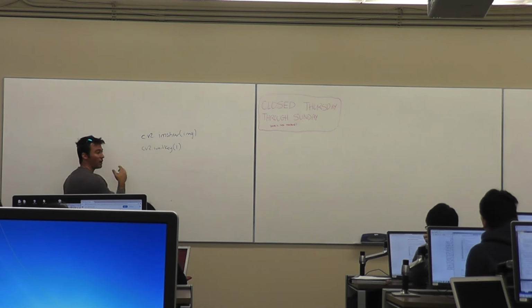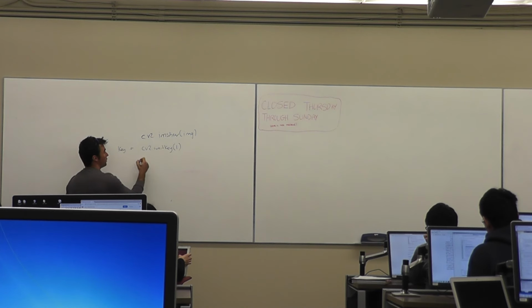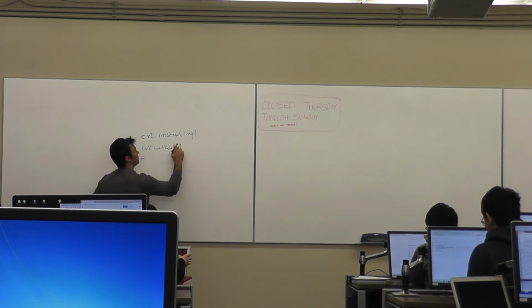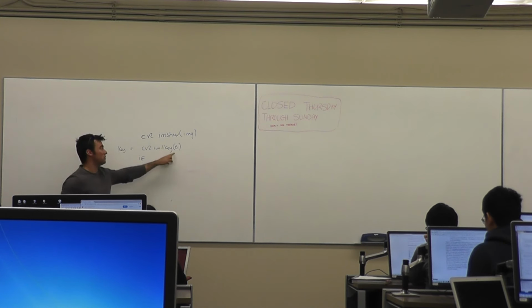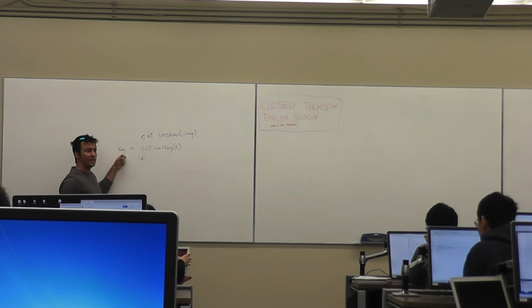What I often do is save that to a variable, and then let's start with 0. 0 means waiting indefinitely. Wait until the key is pressed, and store that key in here.